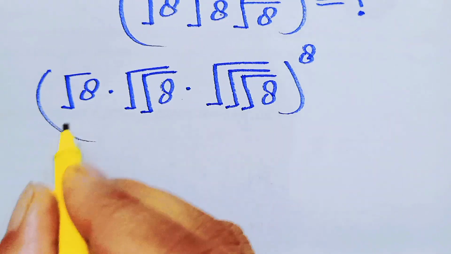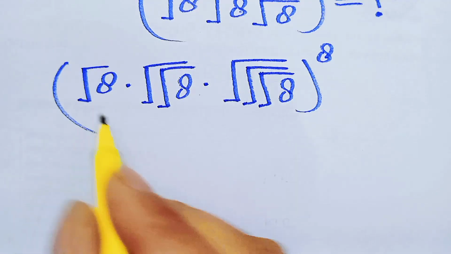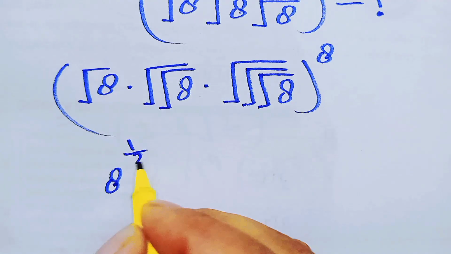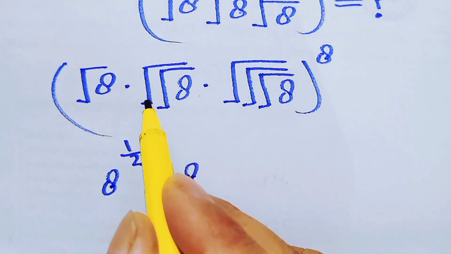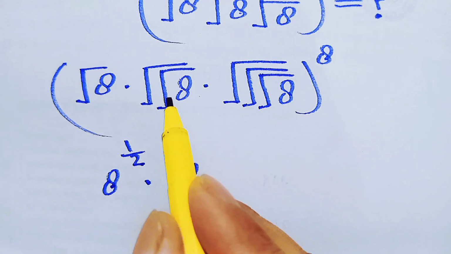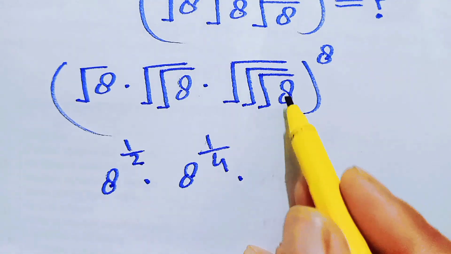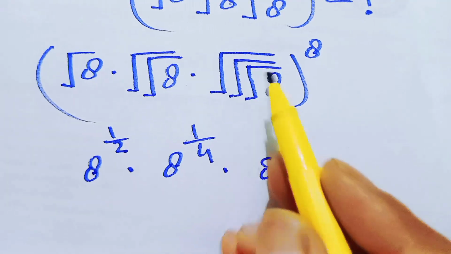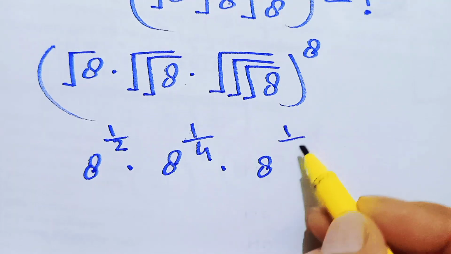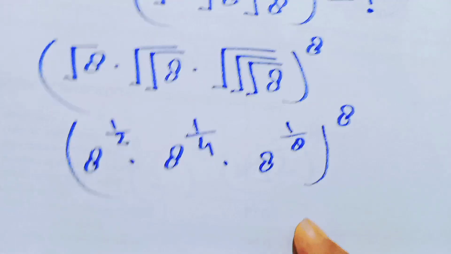And now in the next step, this square root value is 1 over 2, then times 8, and this square root 1 over 2 and this square root 1 over 2 is equal to 1 over 4, then times this square root of 8, and this 3 square root value is 1 over 8, and the whole to the power of 8.